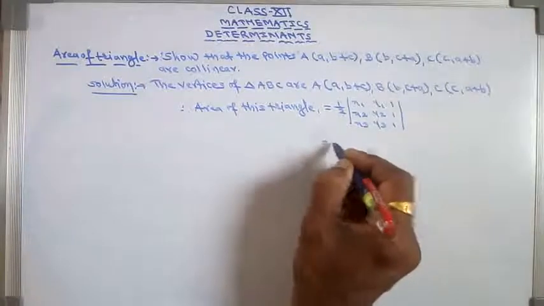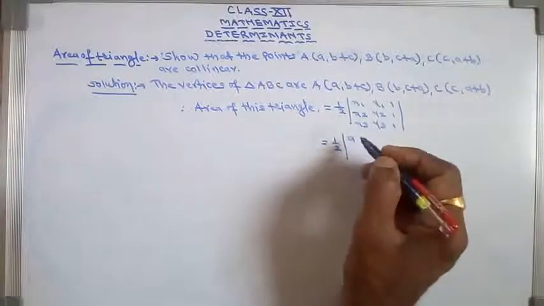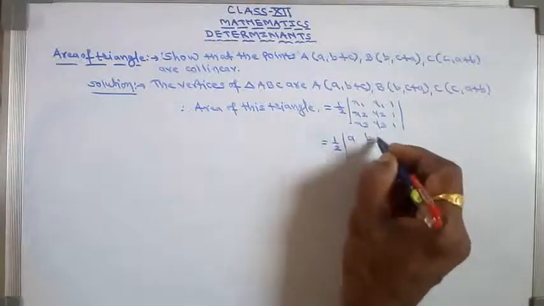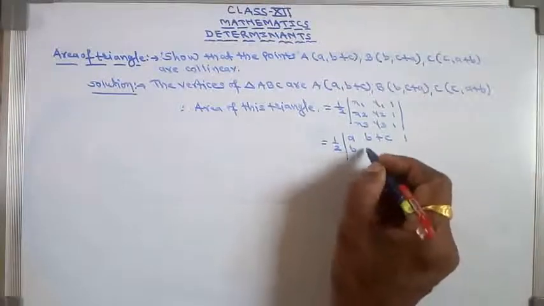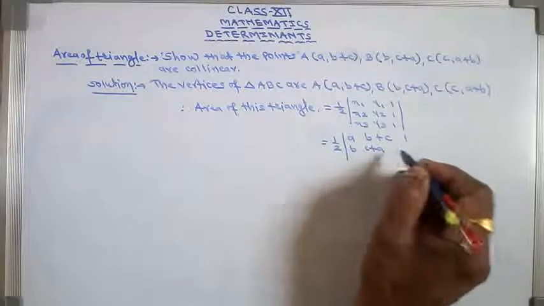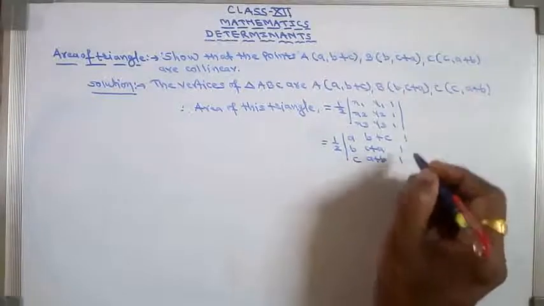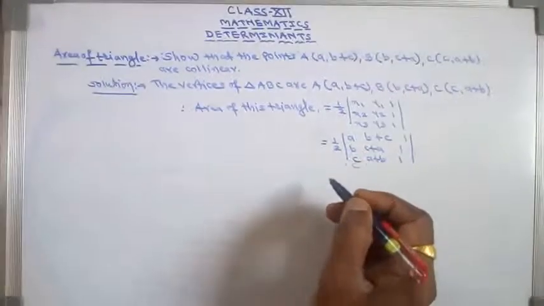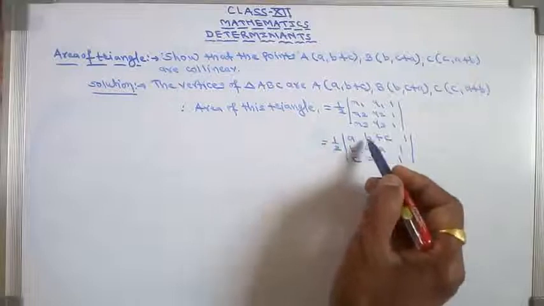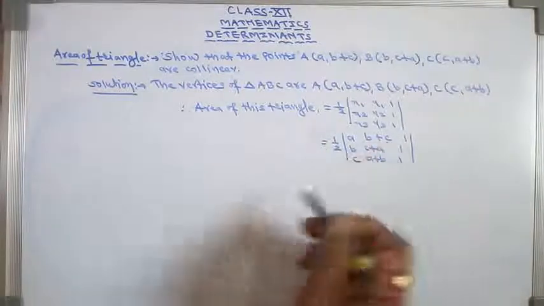That is half into A, B plus C, 1; B, C plus A, 1; C, A plus B, 1. Now I am operating here, adding A plus B plus C, B plus C plus A, C plus A plus B to C1 and C2.